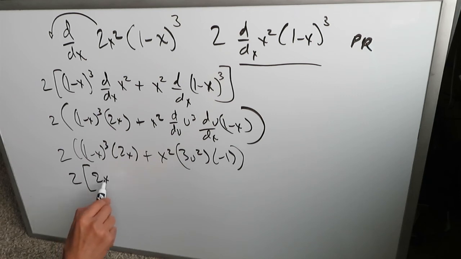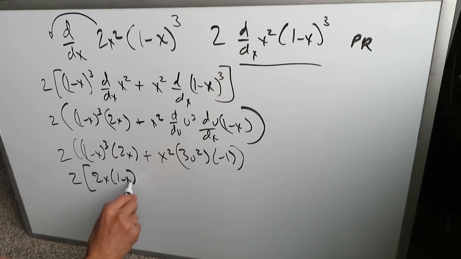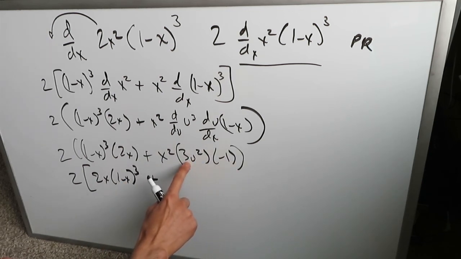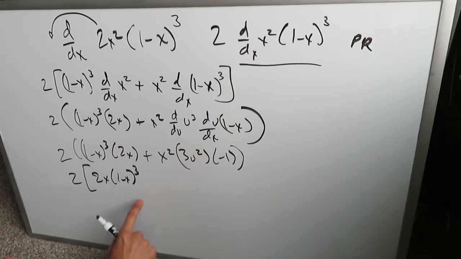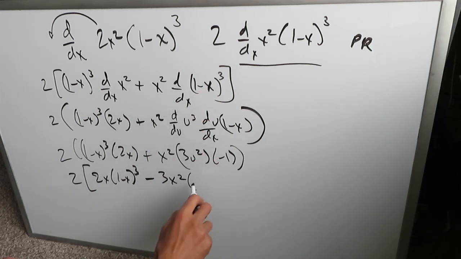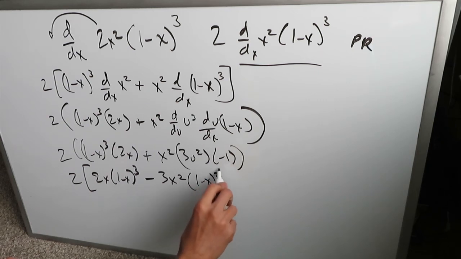You can just bring the 2x as a coefficient of this 1 minus x whole cube, plus minus 1 times 3 times x squared is minus 3x squared, times u squared. Let's resubstitute what u was, 1 minus x whole square.